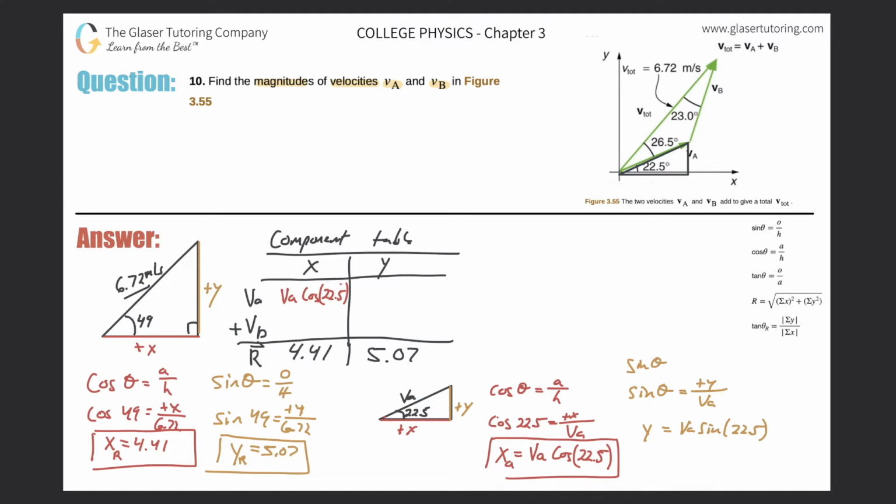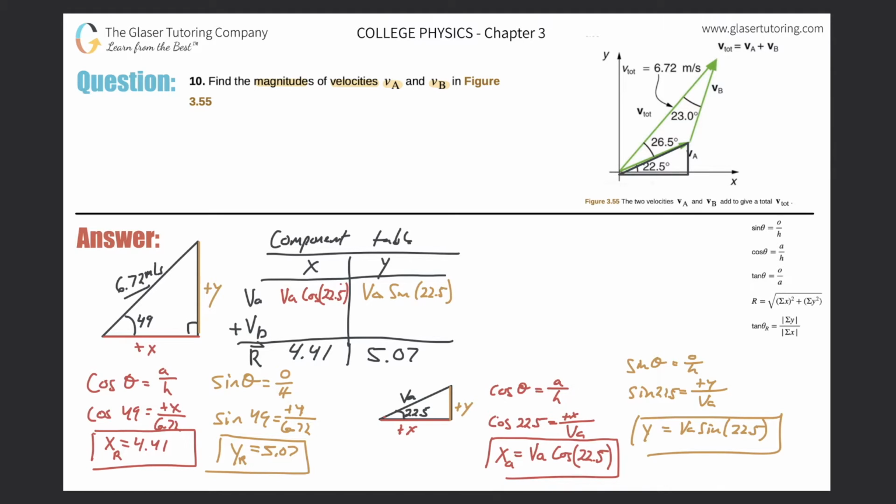But this is sine of theta is equal to the opposite side over the hypotenuse. And then what I should have done here was plug in my angle measure, so this was 22.5. Okay, so here's my y component for vector A. So let's plug that into my table right here. Okay, so we have VA sine of 22.5. Okay, great.